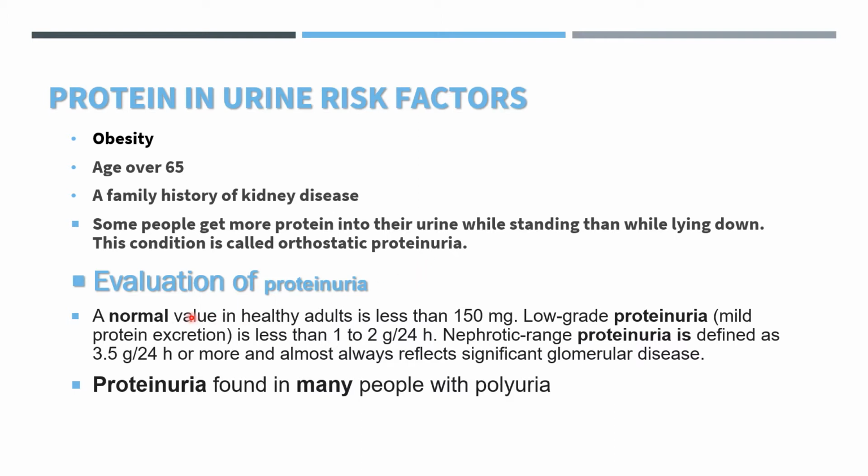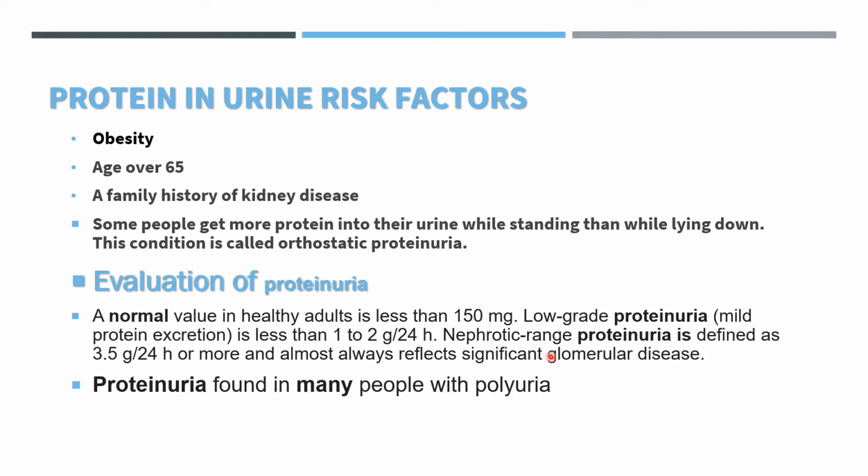If we talk about evaluation of proteinuria, a normal value in healthy adults is less than 150 mg. Low-grade or mild proteinuria, or protein excretion, is less than 1 to 2 grams in 24 hours.